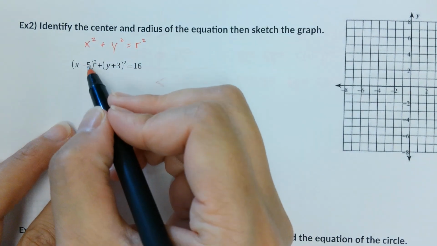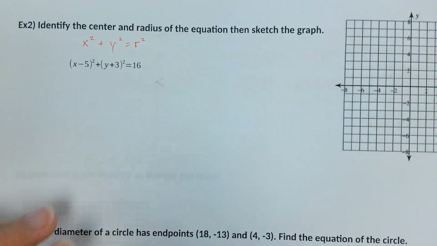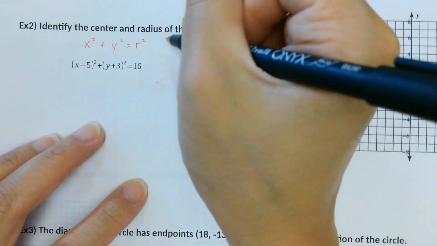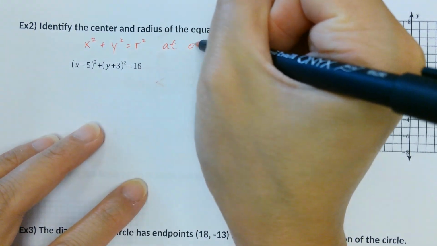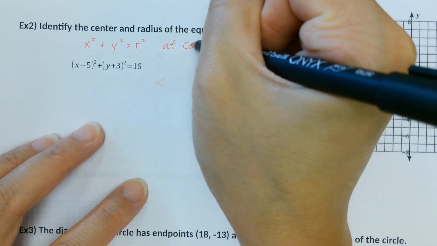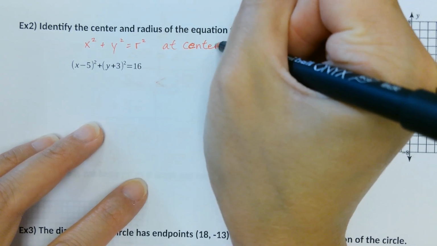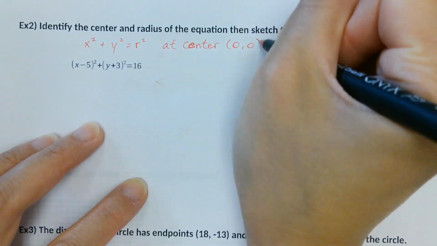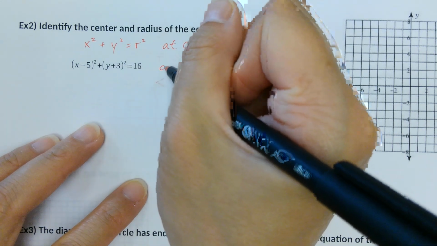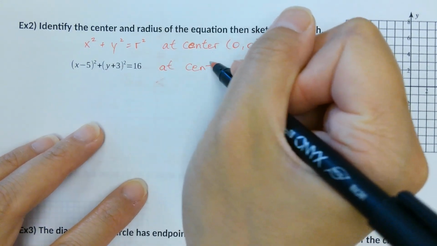But now notice there's a bracket part. That means it's not at the origin. So this one is at center 0, 0, and this one means that it's at a different center.